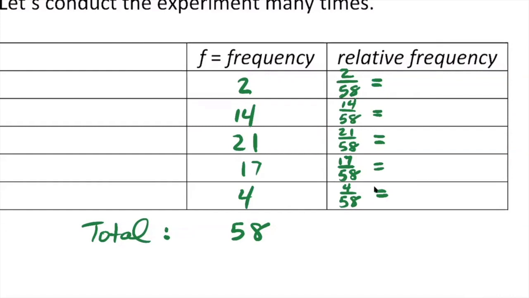So 2 divided by 58 is 0.03. I'm just going to go with 0.03. And then so on. 14 divided by 58 is 0.24. 0.36. 0.29.